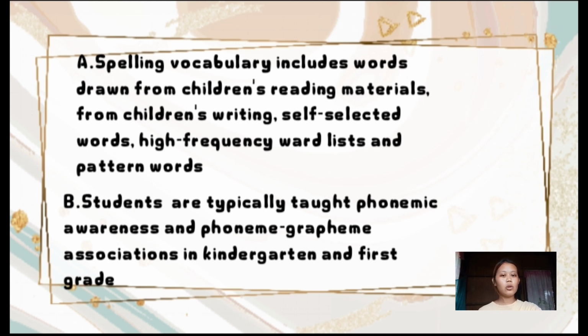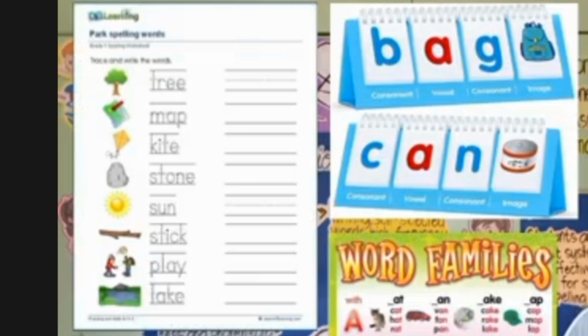So kung pang kinder lang pud nga spelling, dili na pwede nga maglaktot ta kay bata pa man sila, dili pa nila mabalo. Example is these words. So students connect the word to form a correct word or spelling. When teaching spelling as a teacher, we should always consider the level of our learners para dali ra nila masabtan.